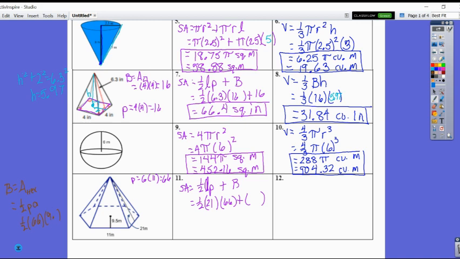That is 9.5 for us. So the area of the base on this comes out as 313.5. That's what we're going to use in our formula. Put it all together. Surface area of 1006.5 square meters.